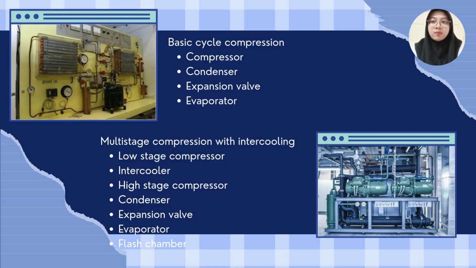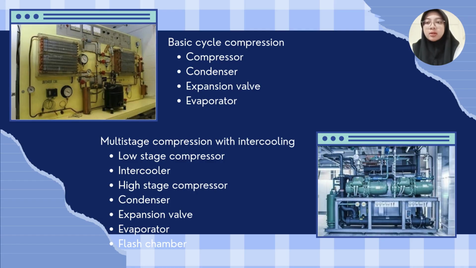Figure 2 shows the multi-stage compression refrigeration system. This method reduces the total compression work and enhances system efficiency. Cycle flow. Evaporator, heat absorbed: low-pressure liquid refrigerant evaporates by absorbing heat from the refrigerated space, producing low-pressure vapor.